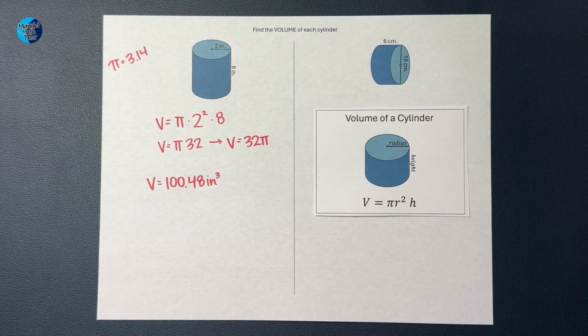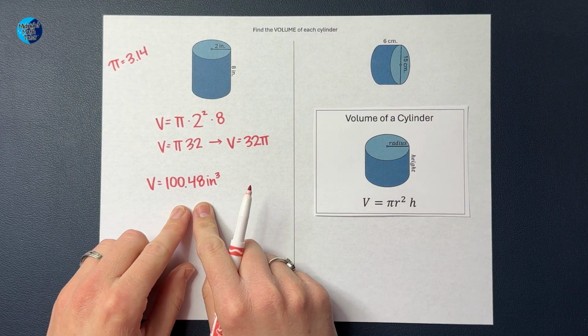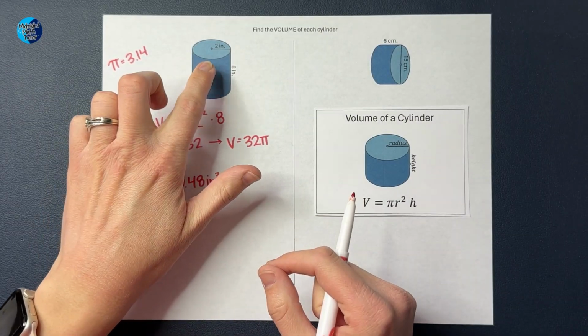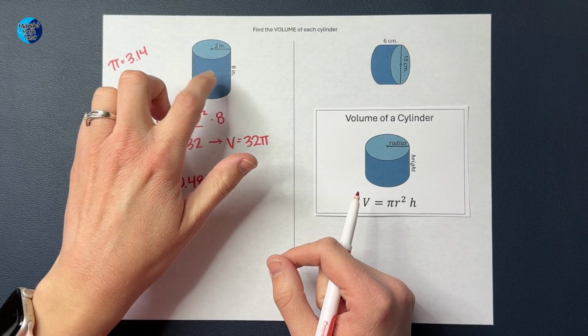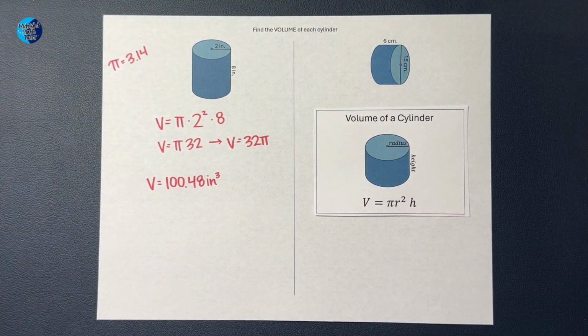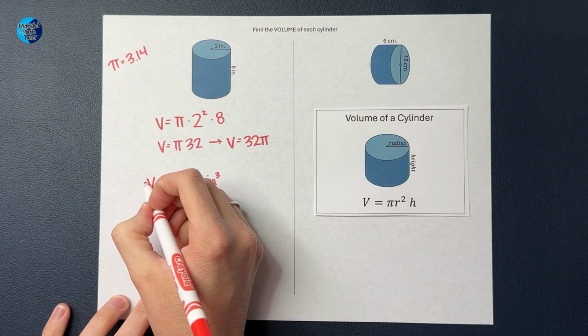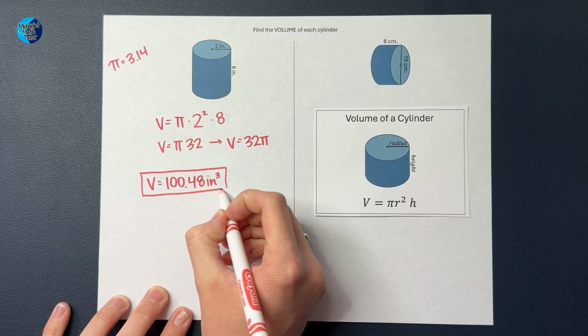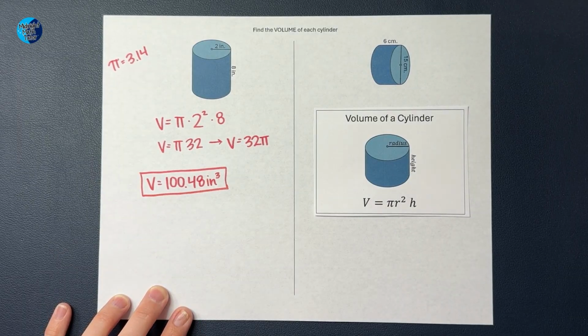That's what volume is determining. So if I had 100.48 of those little cubes, that is how many would fit inside of this cylinder. Now, some of them might be cut since they're circles and things, but that is approximately how many would fit in there. And that's why whenever we do volume, our units are always cubed like that.